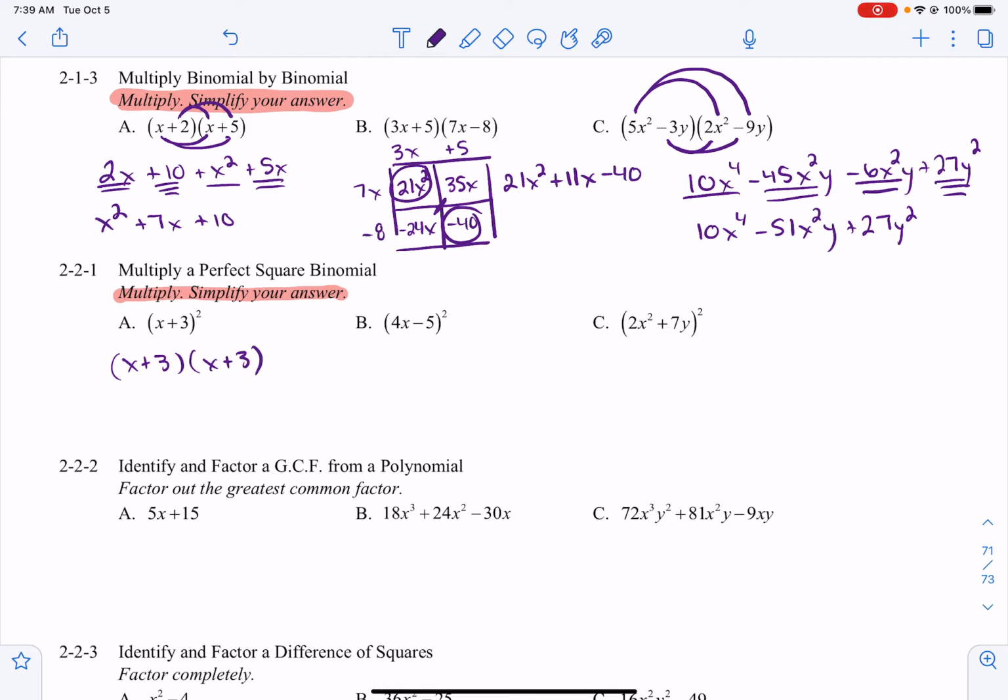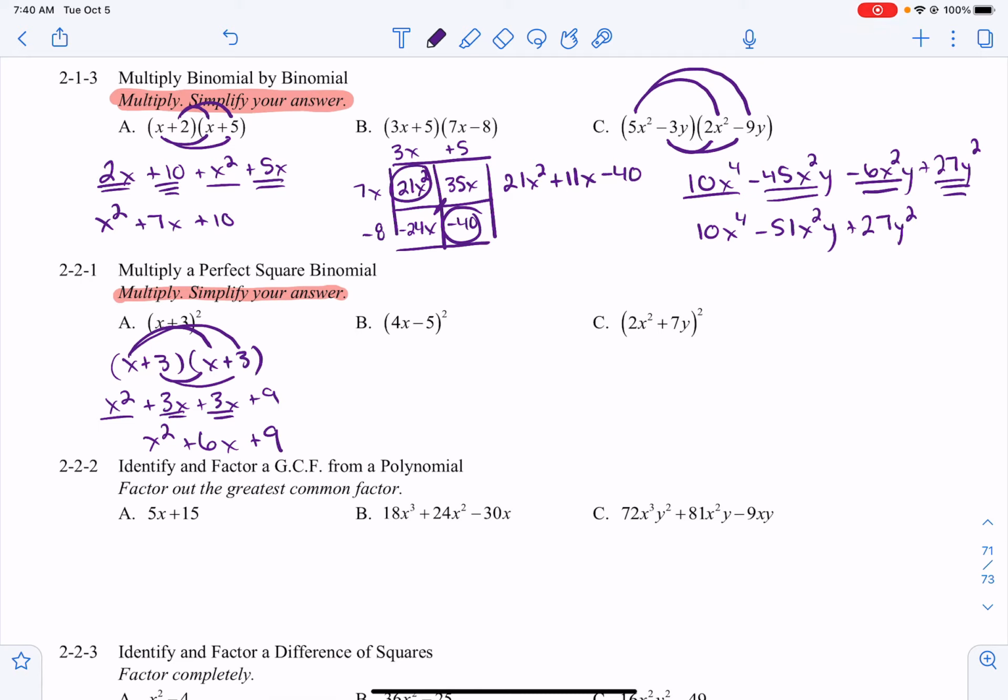So just like the last 3 problems, you can either do a box or you can just draw lines, but you got to make sure everything in the first, the x gets multiplied by x, the x gets multiplied by 3, and then the second one in the first parenthesis, that 3 also gets multiplied by x, and it also gets multiplied by 3. Then I combine like terms, x squared's first, my 3x's go next. So 3x plus 3x is 6x, not 6x squared, just 6x's, because I'm adding them, not multiplying them. And then I have a plus 9.